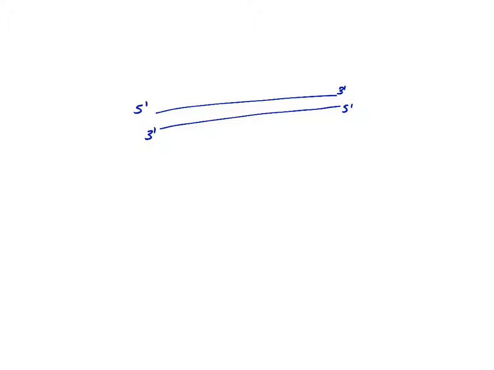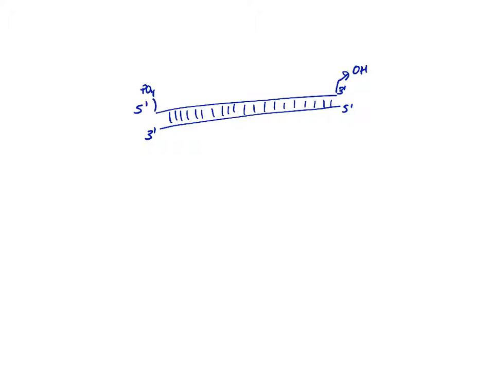They're in opposite directions. And what those prime numbers mean are referring to the carbons on the backbone of the sugar. So over here, this actually ends in an OH on the 3' carbon, and on this side, there's a phosphate.